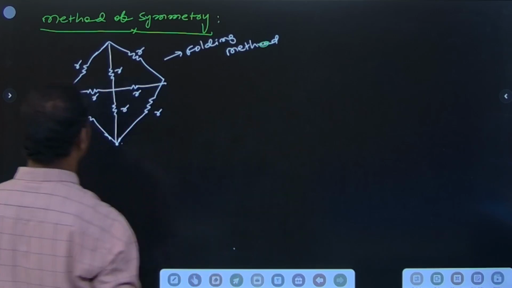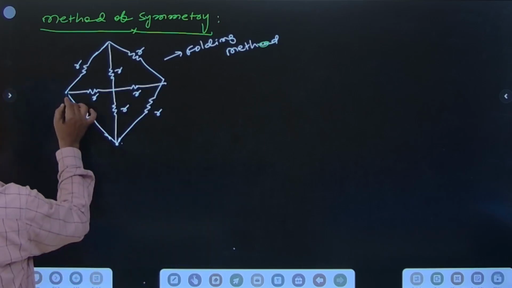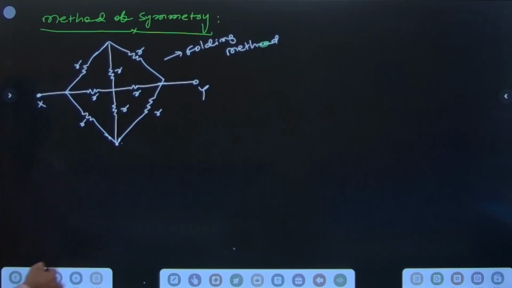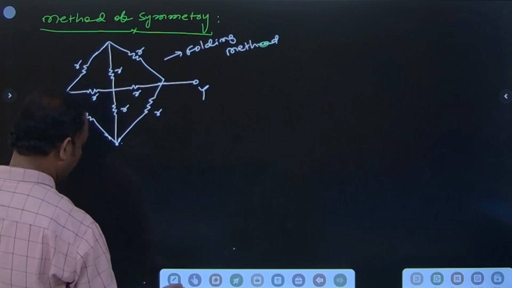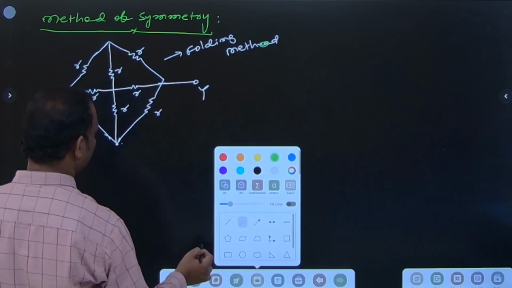Now I'm using this. For the first one, this is X, this one is Y. I'm asking what is the equivalent resistance between X and Y. So what should I use? First one, which is a mirror. Mirror means the most symmetric line.